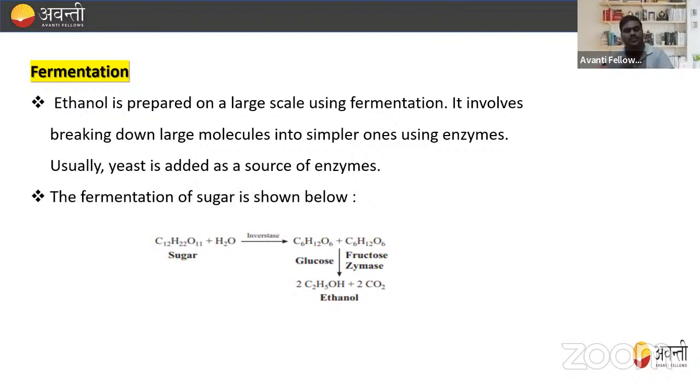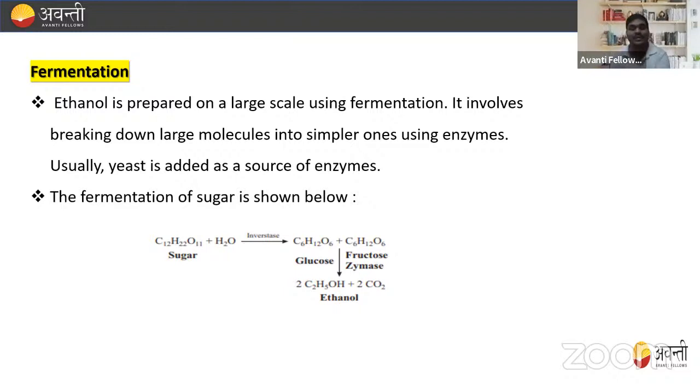So I hope this is clear to you. Fermentation: ethanol is prepared on a large scale using fermentation. It involves breaking down a large molecule into a simpler one using enzymes, first invertase and later zymase, right? Usually yeast is added as a source of enzyme. In the fermentation of sugar, when sugar is treated with H2O in the presence of the catalyst invertase, it converts into glucose and fructose. Then this is further treated in the presence of zymase, and it converts into ethanol and CO2.